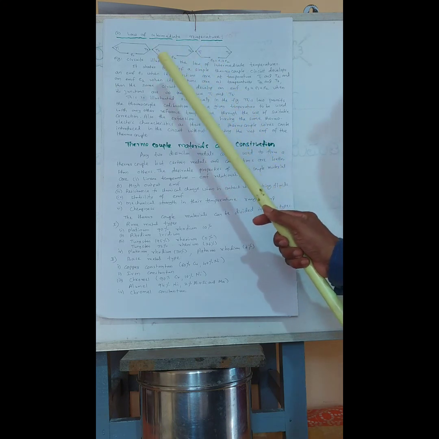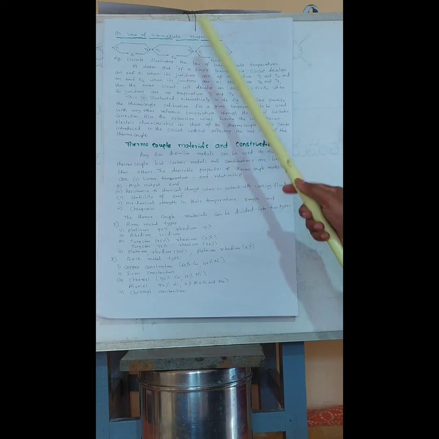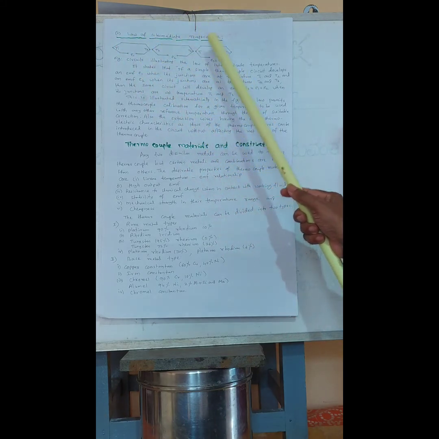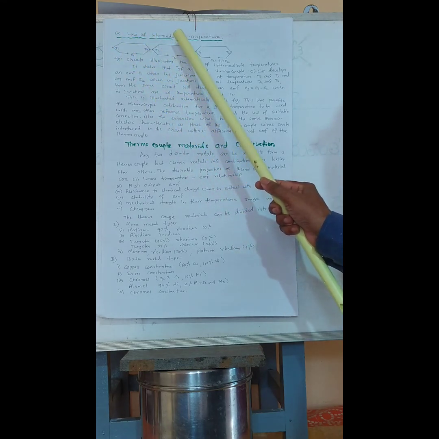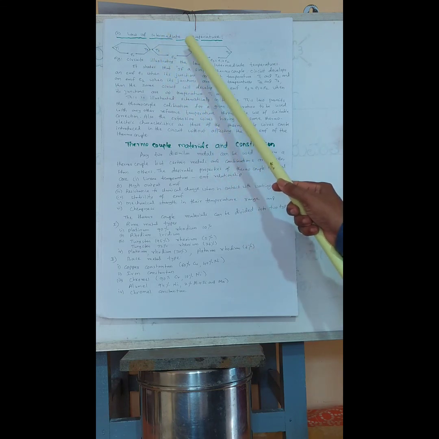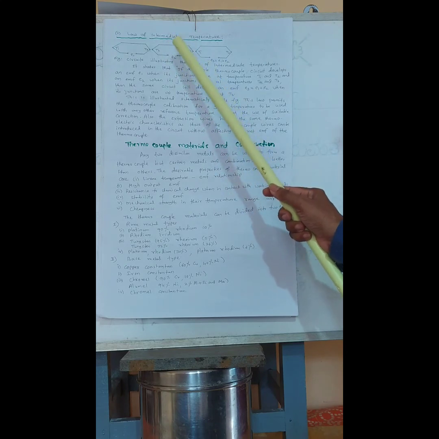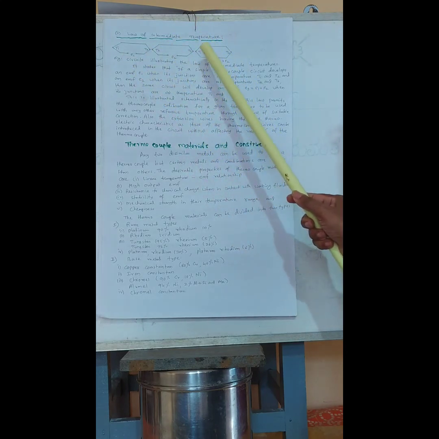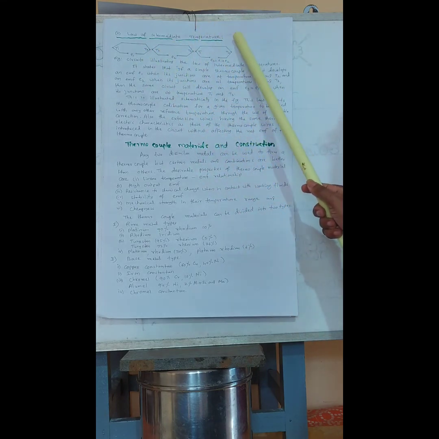It states that if a simple thermocouple circuit develops an EMF E1 when its junctions are at temperatures T1 and T2, and an EMF E2 when its junctions are at temperatures T2 and T3, then the same circuit will develop an EMF E3 equal to E1 plus E2 when its junctions are at temperatures T1 and T3.